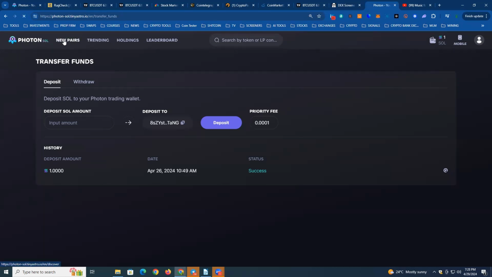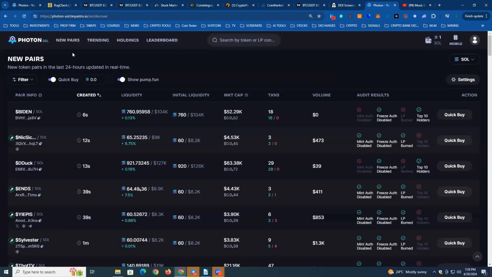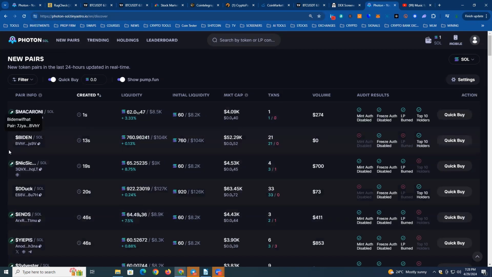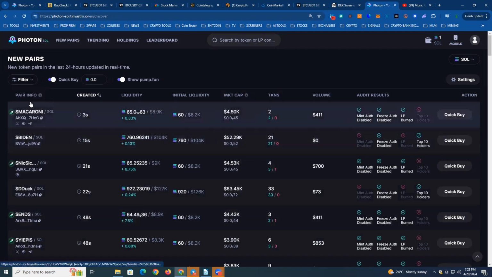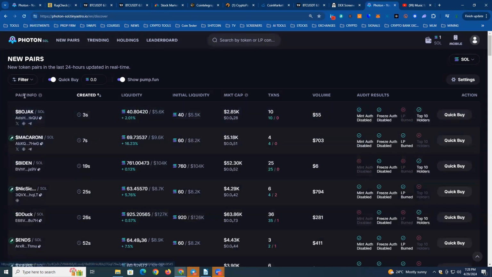Now, once you have loaded the funds into your Photon wallet, you will now go to the new pairs section of your Photon wallet. Now, once you are at this particular section, you will note that the name of the coin is the first column in terms of the pair information. You're given the time frame that coin, that meme coin was created.